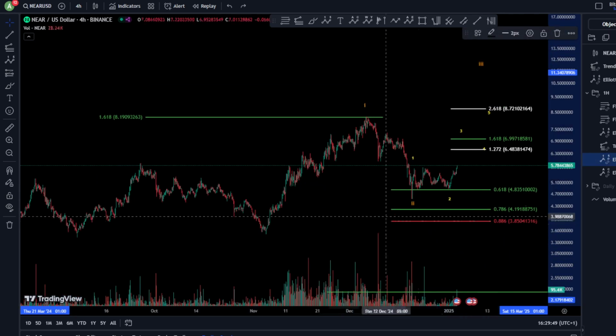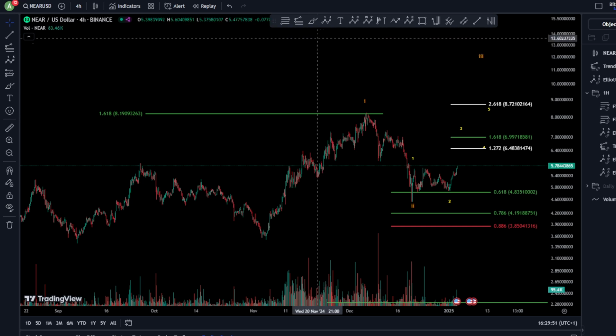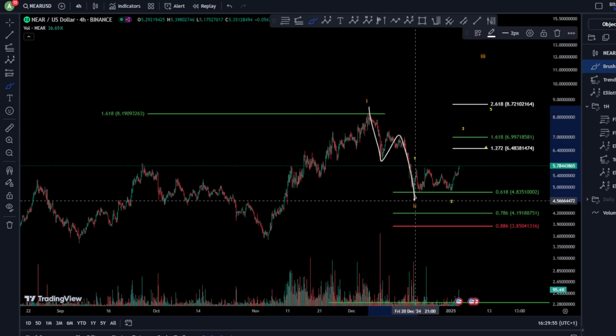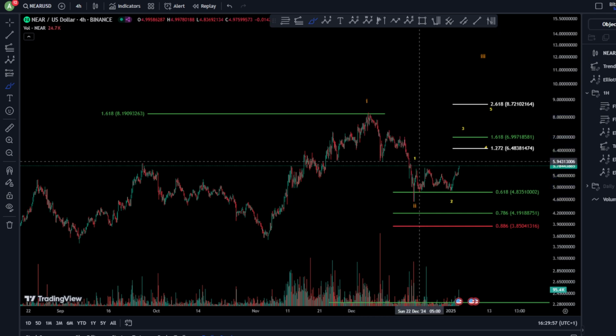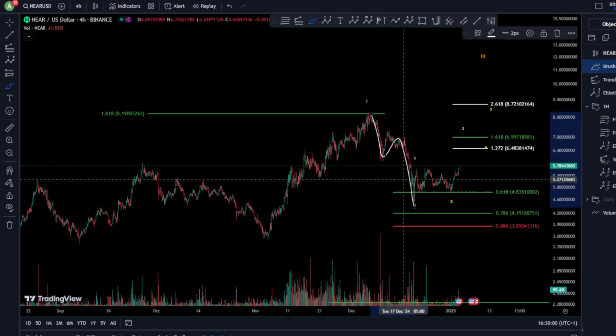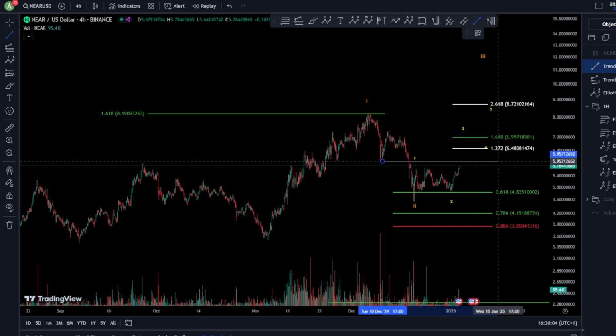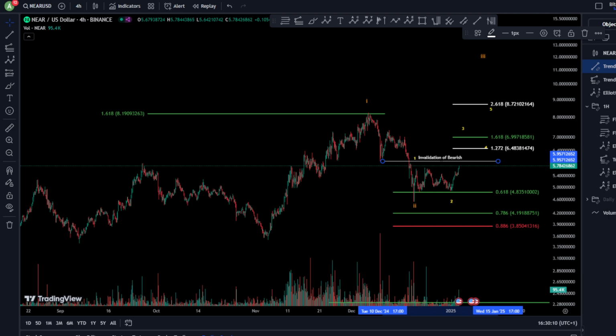Now, if we are still in a bearish scenario, where you are looking here possibly at a 1, 2, 3, because this wave 3 is very, very long and looks a little bit impulsive, invalidation of this bearish scenario is here. We're very close, by the way. Invalidation of the bearish, okay?